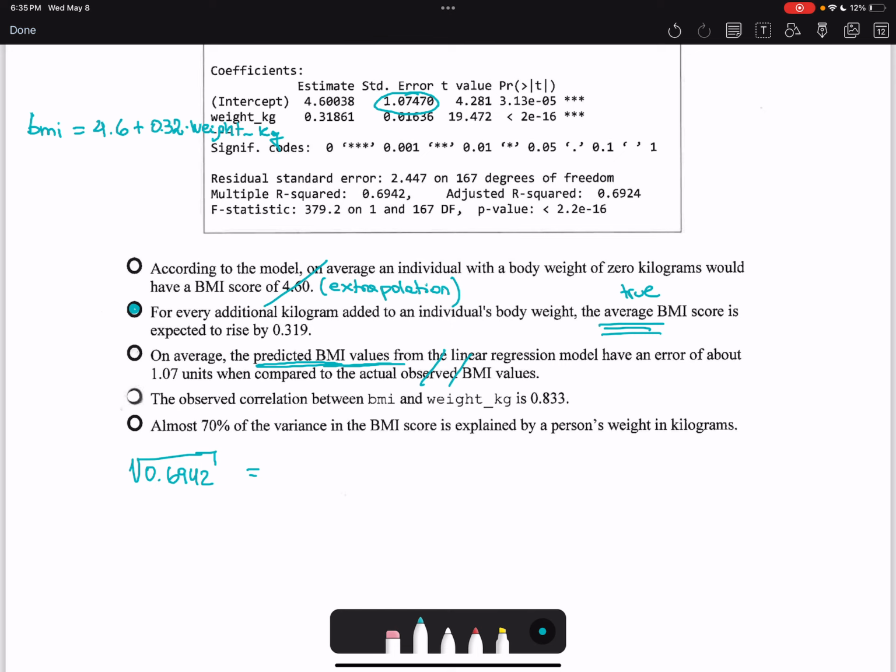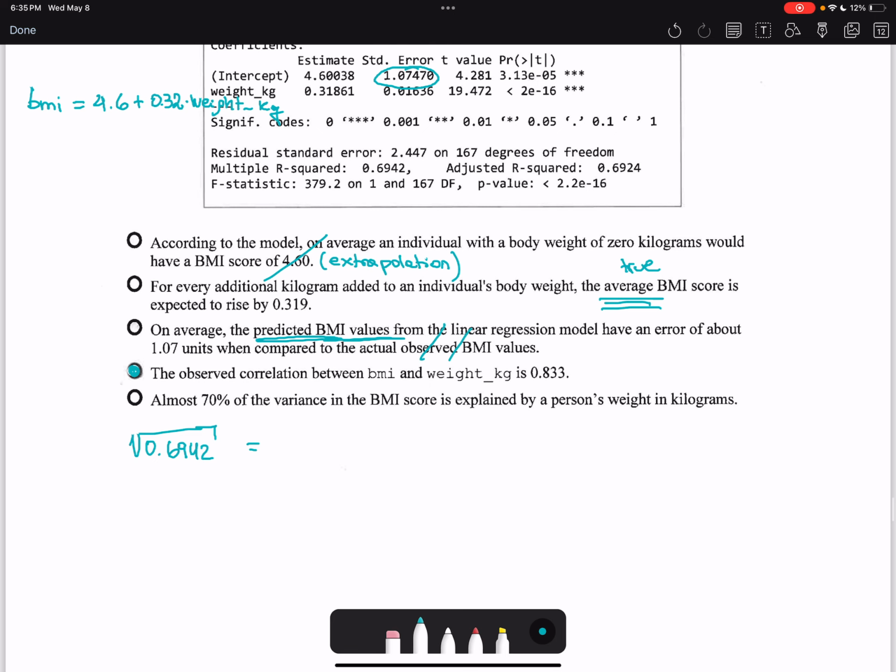That seems right also. So I think this is dubious because for every additional kilogram added to an individual's body weight, the average BMI score, maybe it's not an average BMI score, it's the specific BMI score. I don't know, for some reason this is not right, probably.